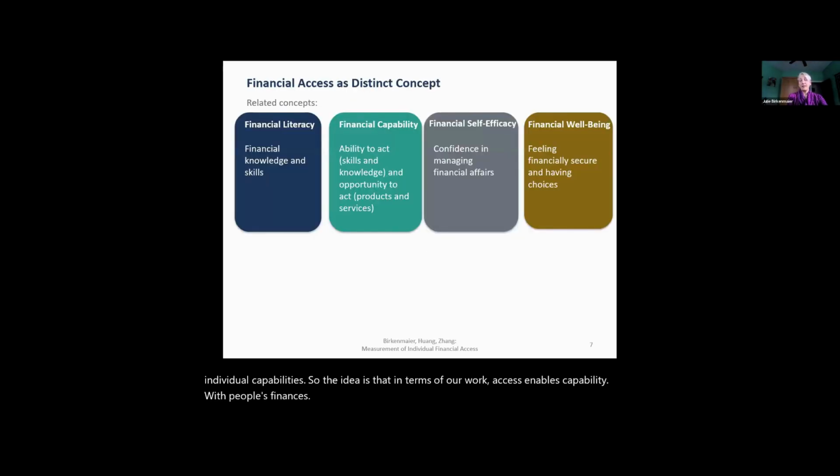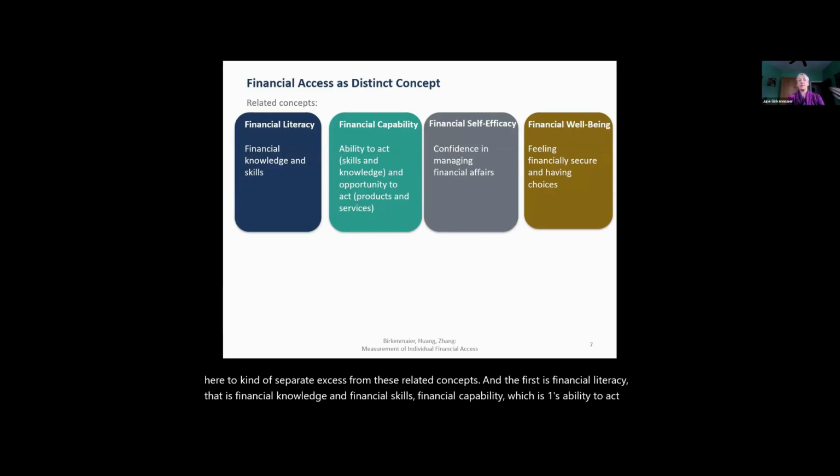There are other concepts that are closely related but are also distinct that we want to describe here to kind of separate access from these related concepts. The first is financial literacy, that is financial knowledge and financial skills. Financial capability, which is one's ability to act and opportunity to act.